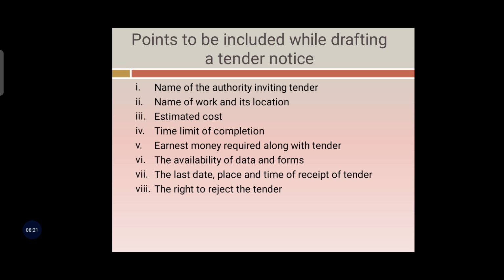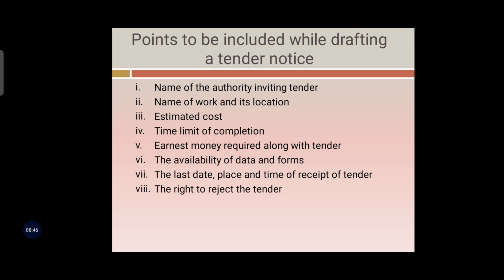Okay, so while writing a tender, the first point is the name of the authority inviting the tender. This helps the contractor to know the person under whom he has to work and the cooperation he has to receive during the execution of work. Now the second one is name of the work and its location.